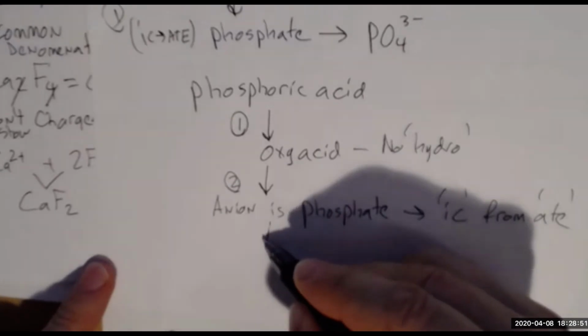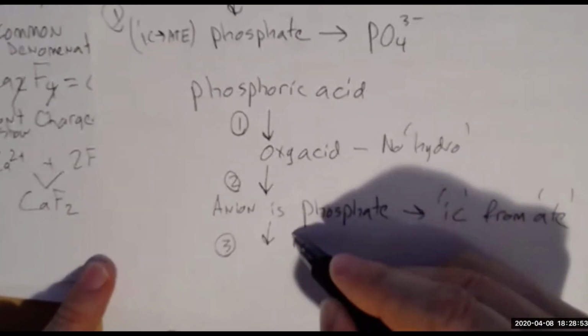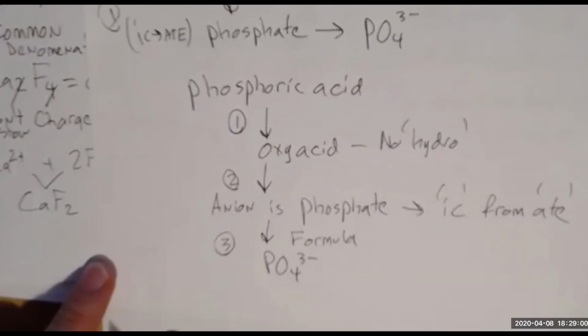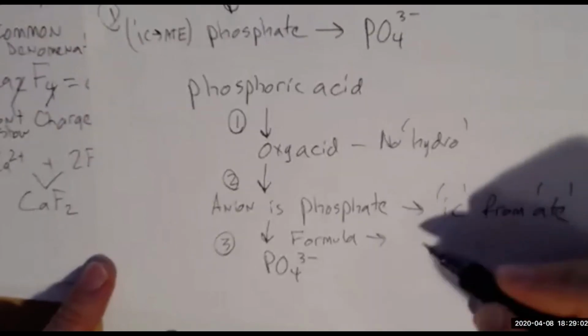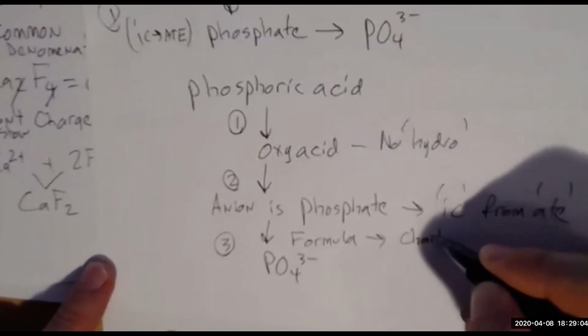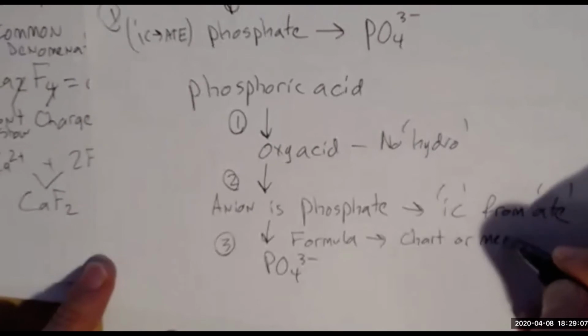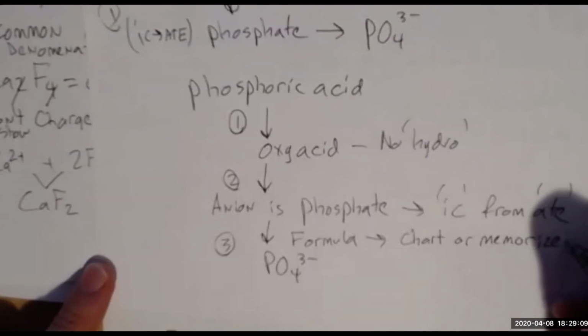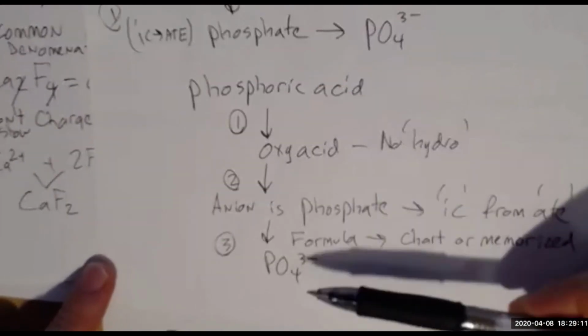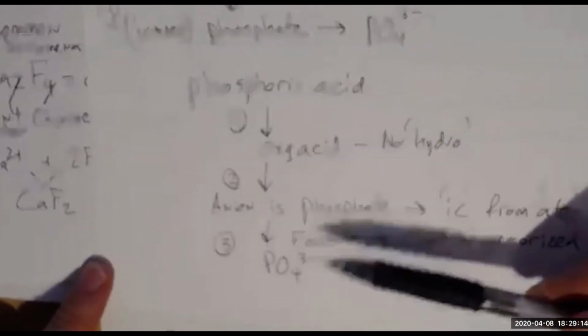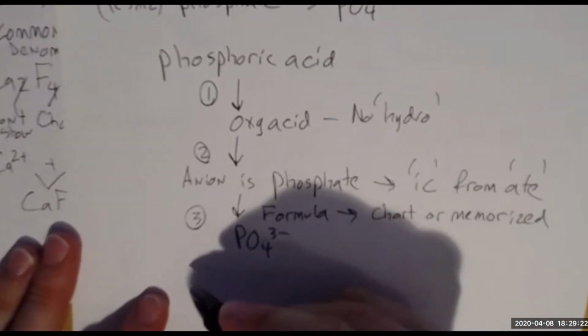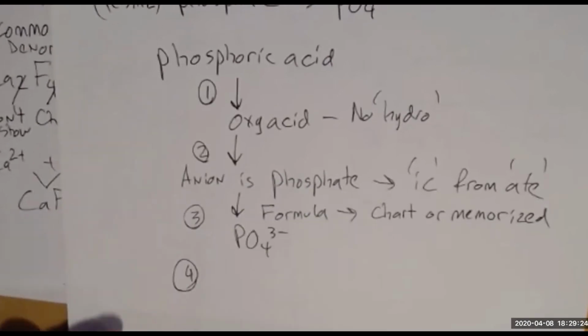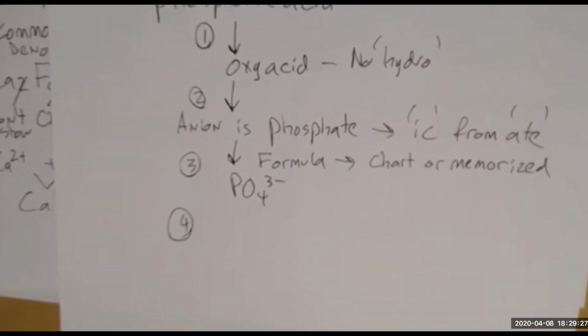So then I'm going to find the formula for phosphate, which is PO4 3 minus. For this, it's either a chart or memorize. This bridge between phosphate and its formula is a lot of steps. I go through this kind of quickly in the lecture, but here we are.